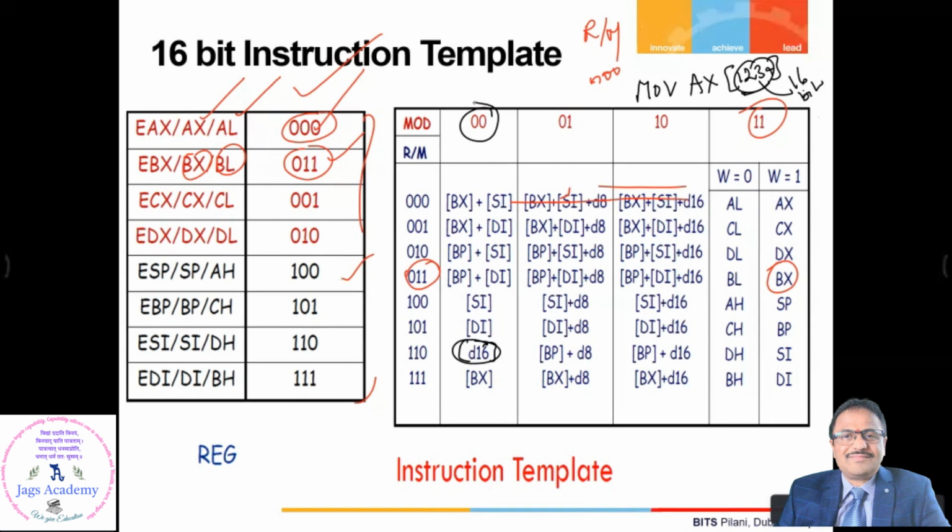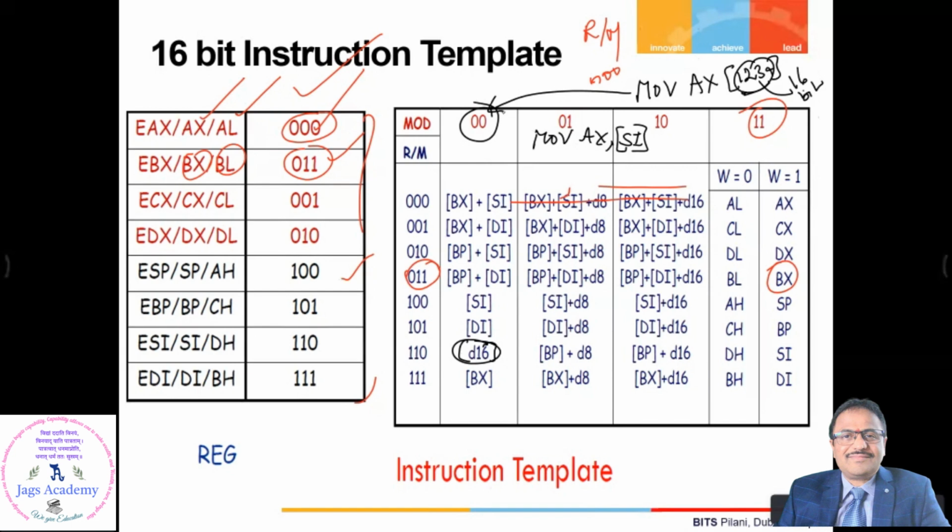Suppose instead of this, I have move AX comma SI. For this also, what is the mode bit? 0, 0. See, here it is. Your data is coming from the memory. Which memory? It is within square bracket. Yes, sir. Now, for this, your mode bit is 0, 0.